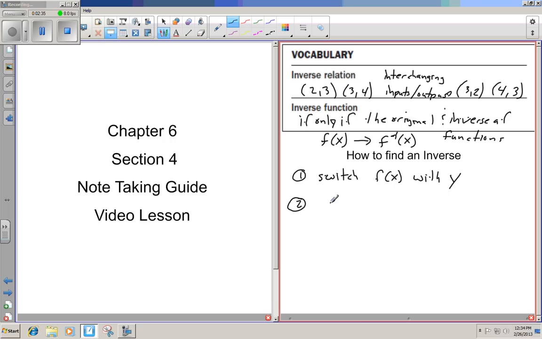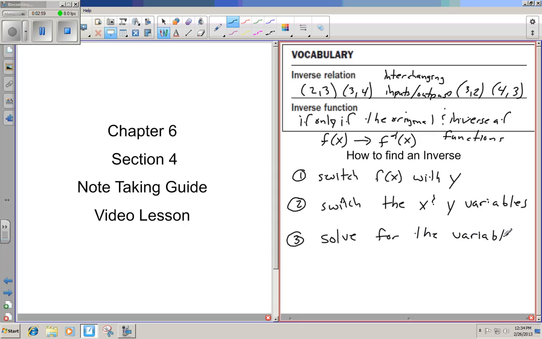Number 2, you're going to make another switch. You're going to switch the x and y variables around. And number 3, you're going to solve for the variable. You may want to write this down on the side of your note-taking guides, just to remember that these are the 3 steps you need to do.